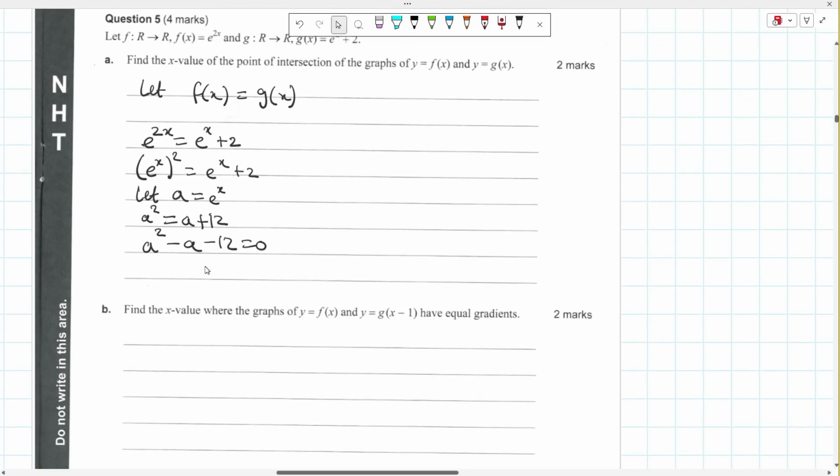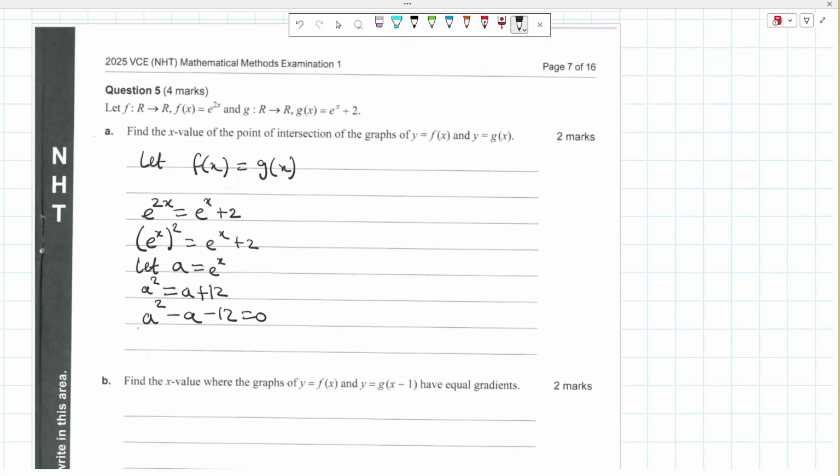Okay, now we can use the quadratic formula. So negative b, so negative of negative 1 plus or minus the square root of b squared minus 4 times a, which is 1, times c, which is negative 12, all divided by 2 times a, and a is 1.